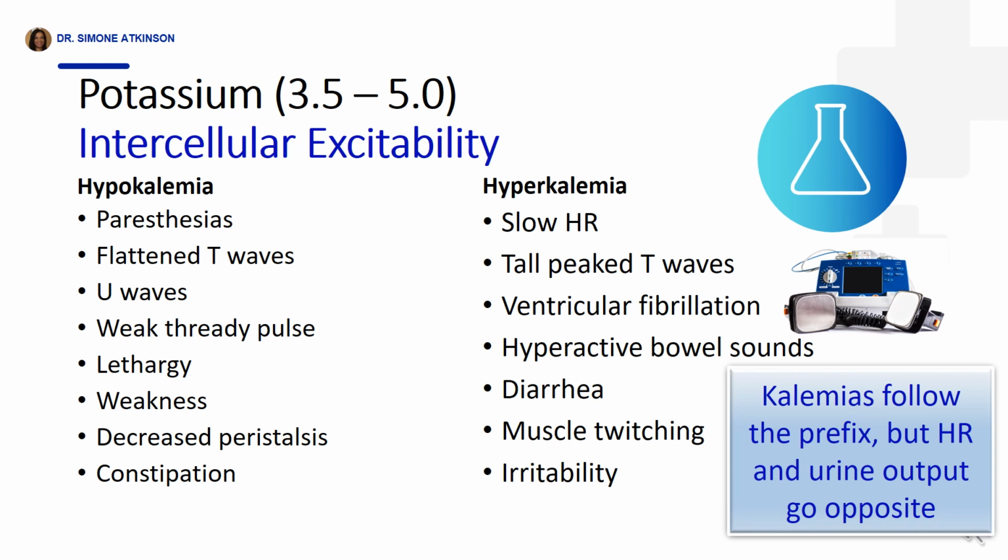Remember that hyperkalemia frequently underlies arrhythmias, in particular ventricular fibrillation is the most lethal. So please be mindful anytime we think of potassium levels, be mindful of your arrhythmias, because remember, potassium is responsible for intracellular excitability.